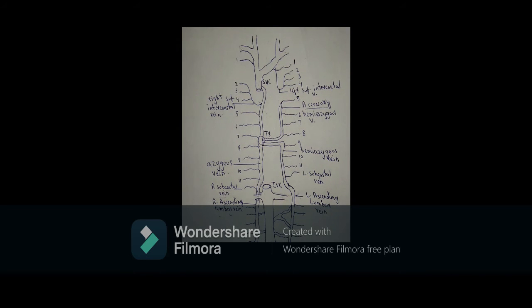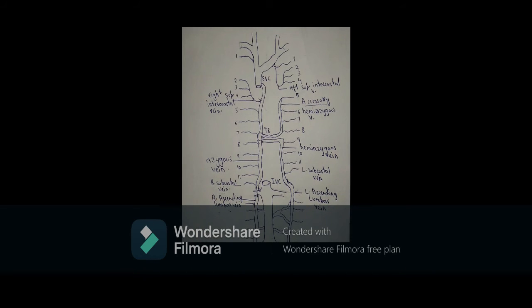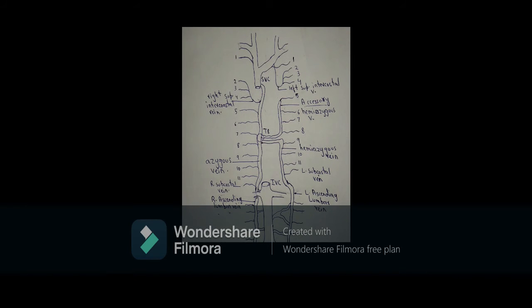This is pretty much everything about the azygous system of veins. Let's see some other things. Let's look into the other veins which I have not drawn here in this diagram.